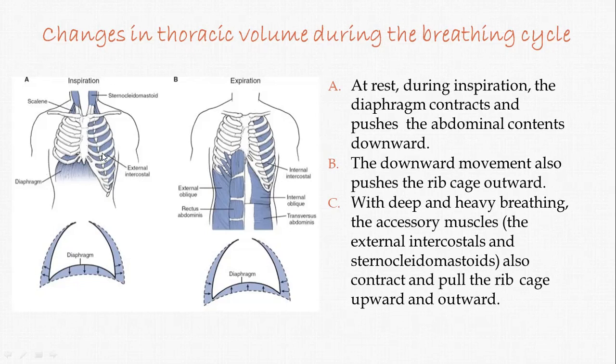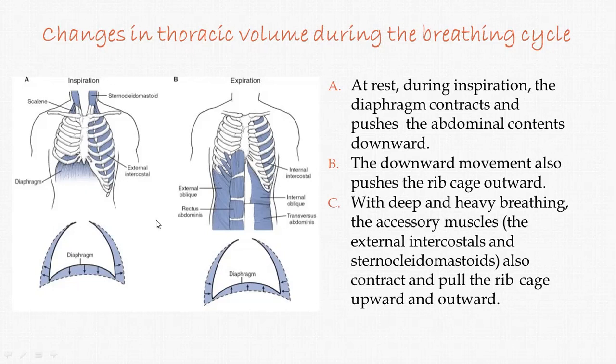And due to the rib cage movement, the sternum will also move in the anterior direction, so the anteroposterior diameter also will be increased. So all these diameters, due to the contraction of the muscles, will be increased, and that causes a negative pressure gradient and helps in the process of ventilation.